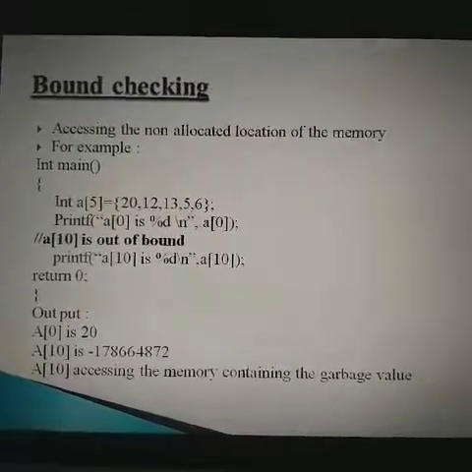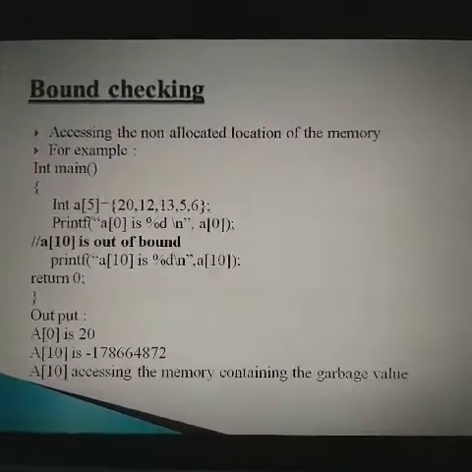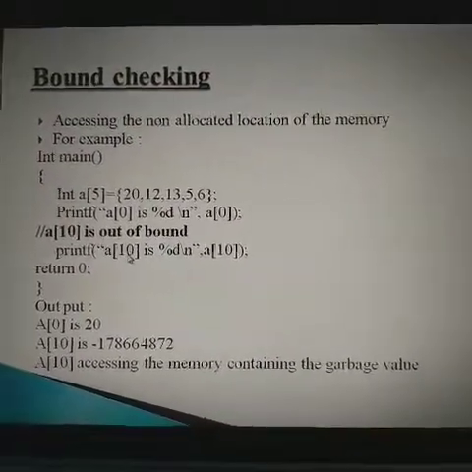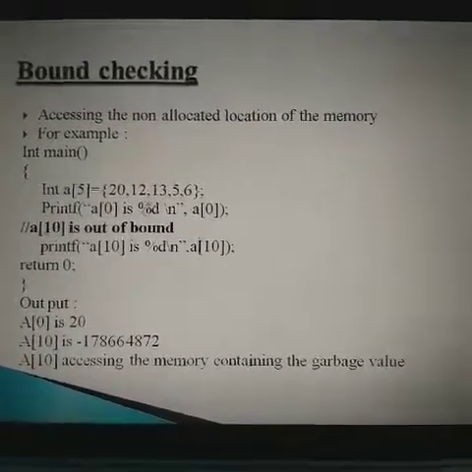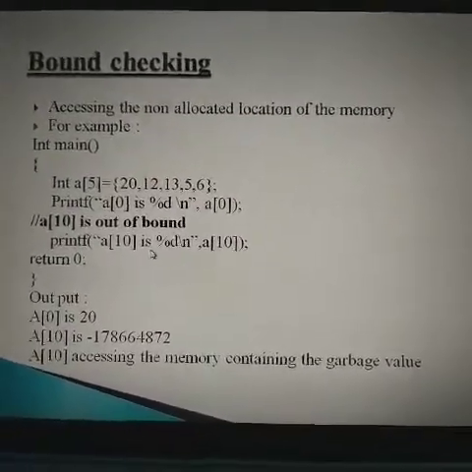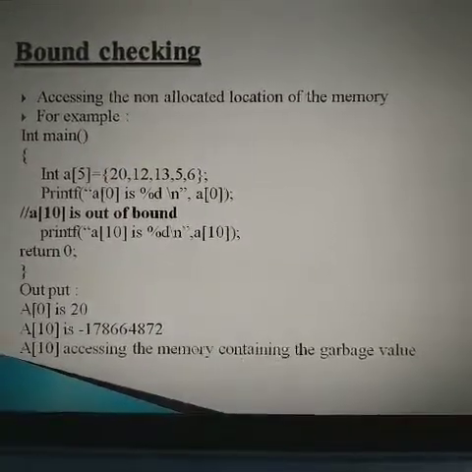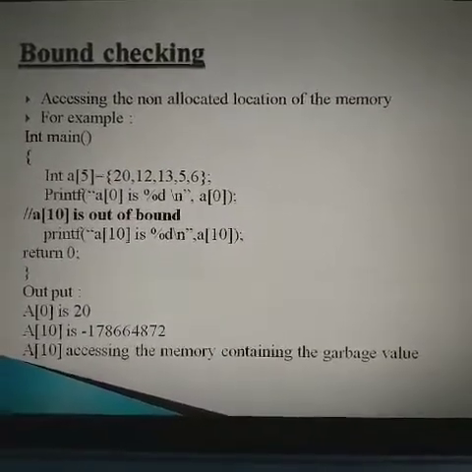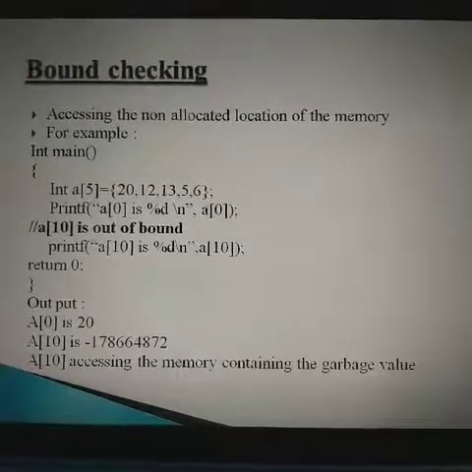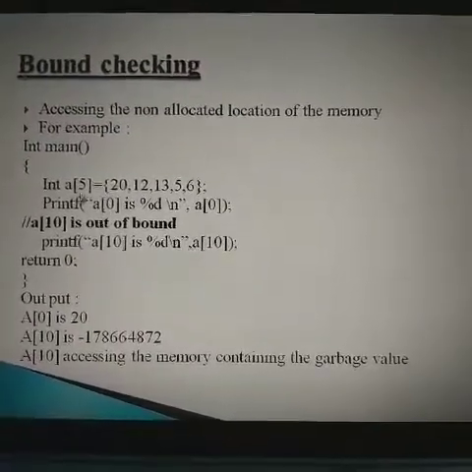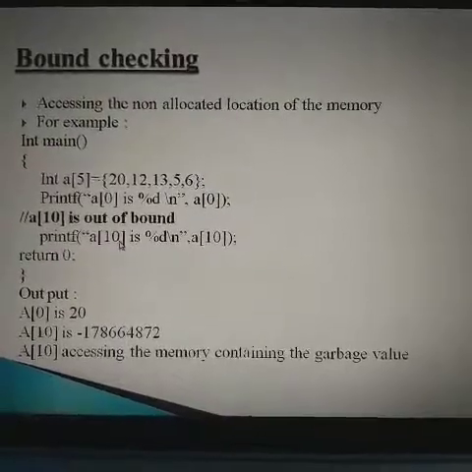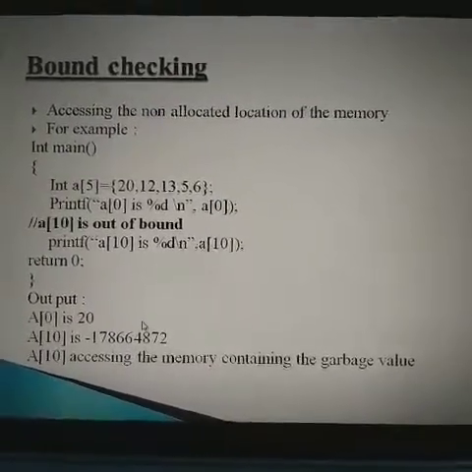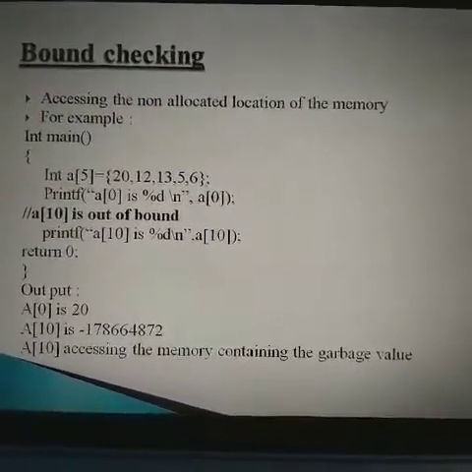If we want to access the 10th element, which is not present or initialized in the array, since the size is only 5, the compiler will give a garbage value. That is bound checking.